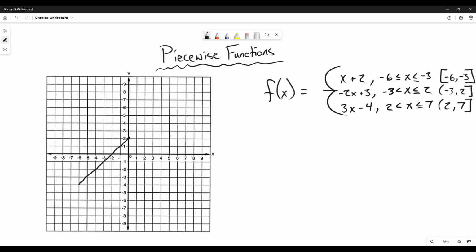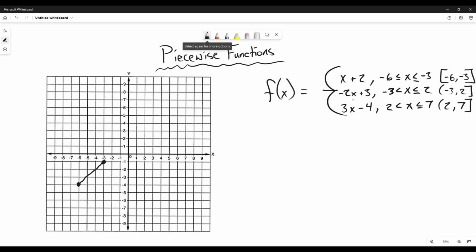We only need between -6 and -3, which is right here. It's a closed circle because it can be on -6, and then -3, which is right here. And then the rest of this function we can go ahead and erase. Looks something like that.